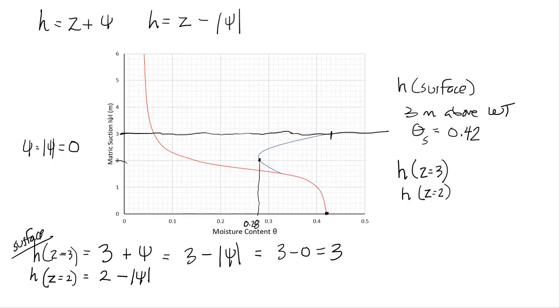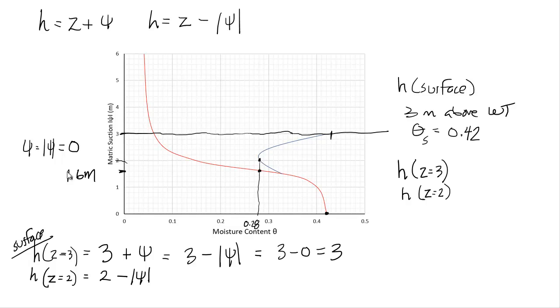And to know what the value of the matric suction is, we have to go to our curve and say, oh, at 0.28 moisture content, what is the value of the suction at that value? So 0.28 is right over there. If we go to our red curve, then that corresponds to a matric suction of 1.6 meters.